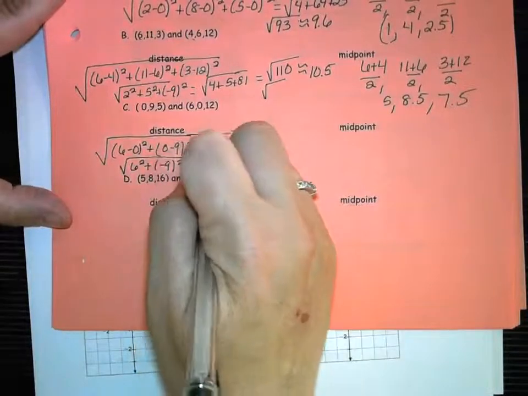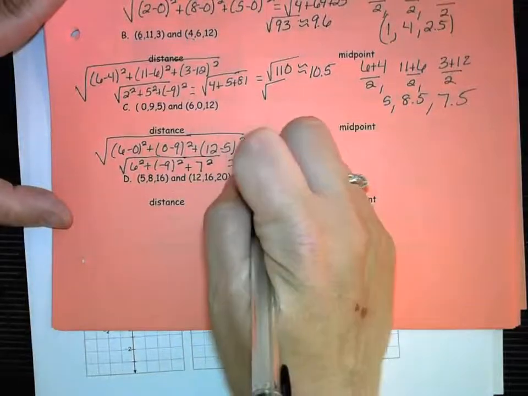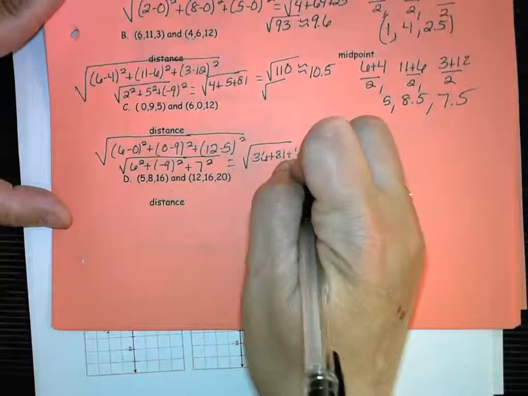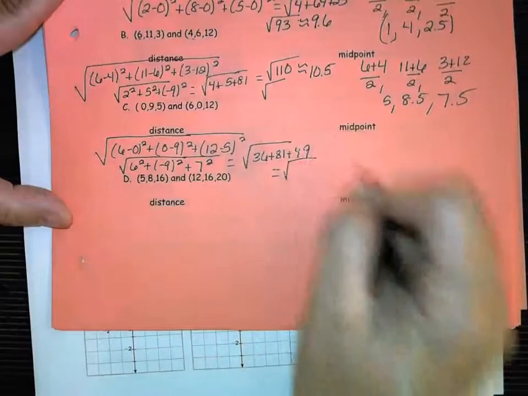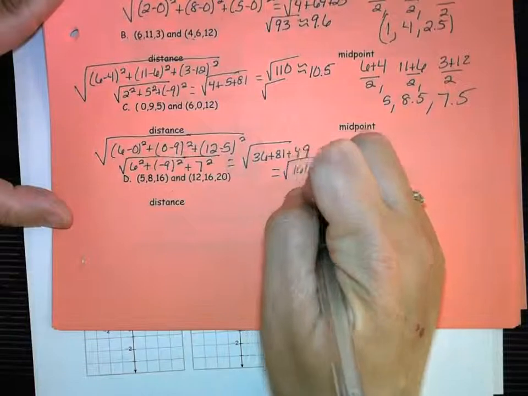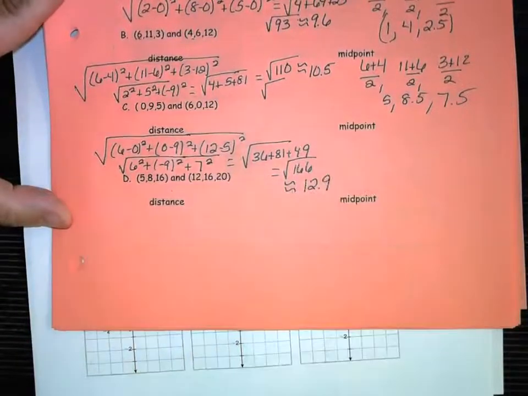And 12 minus 5 is 7 squared. So that will be 36 plus 81 plus 49. And that ends up being the square root of 166, which is right about 12.9.